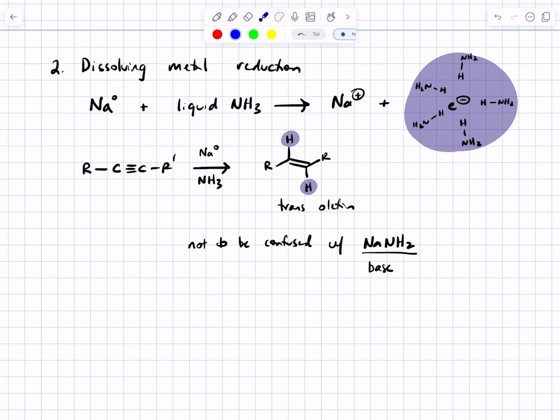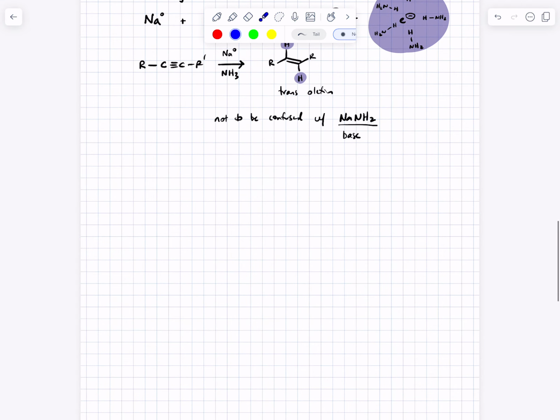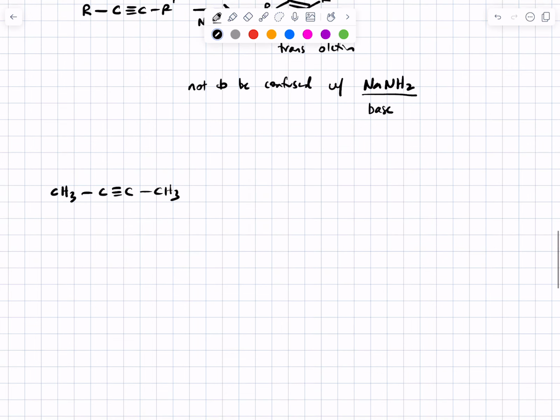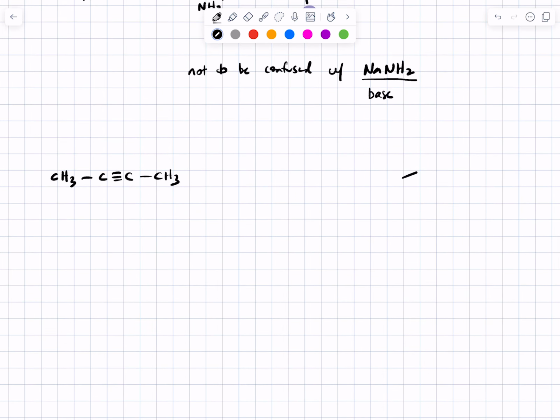I just want to take a moment and illustrate the kinds of things you can do with stereochemistry and synthesis with these reactions. So suppose I say your starting material has to be this alkyne, and suppose I give you the option of two different products.